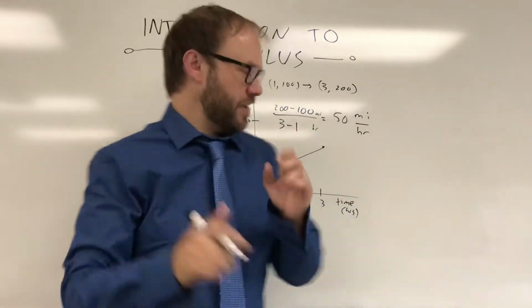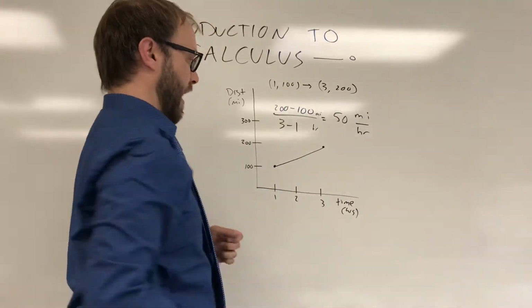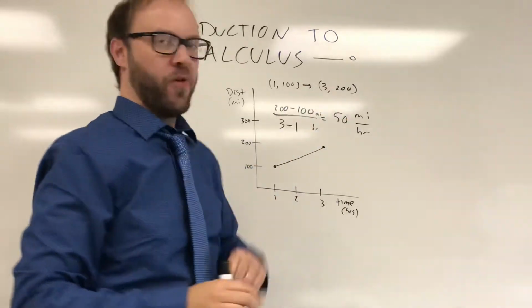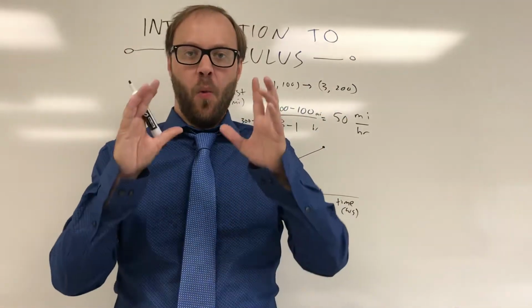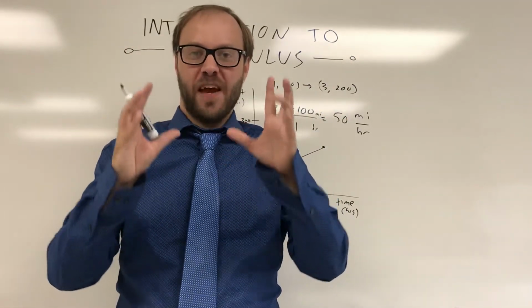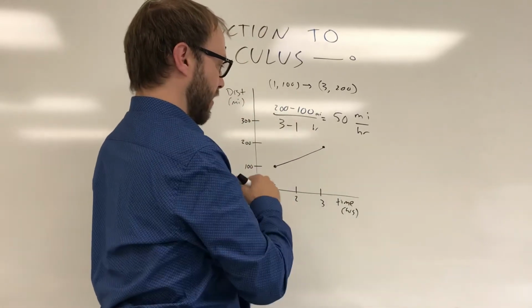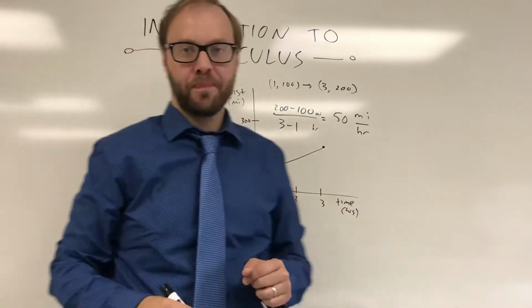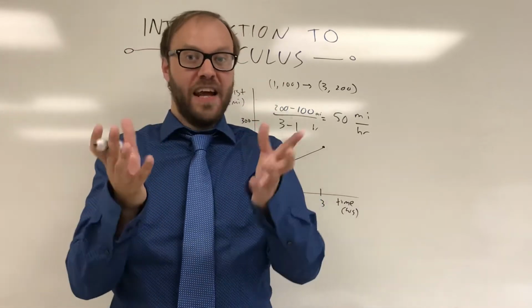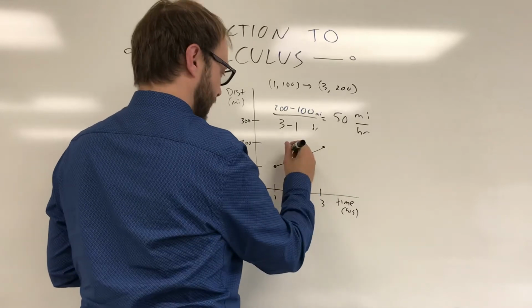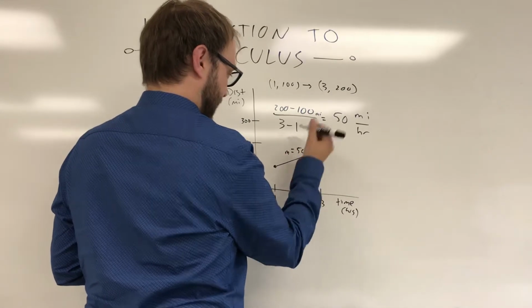Now, I want you to look at this calculation again, okay? If I take the point (1, 100) and the point (3, 200), what physical aspect of the graph did I just calculate when I took 200 minus 100 over 3 minus 1? Okay, what did I just find? I actually found the slope, okay? The slope of this line is 50, okay?